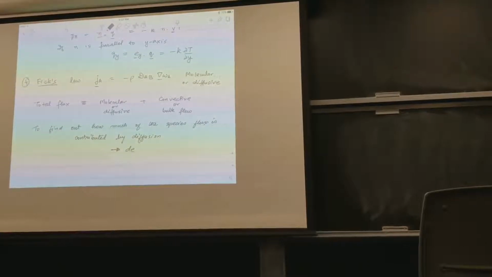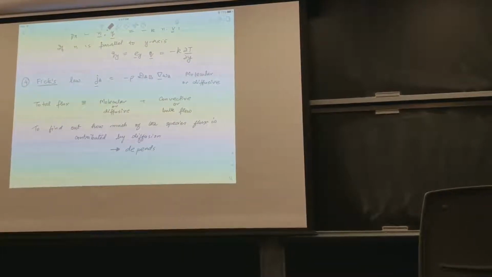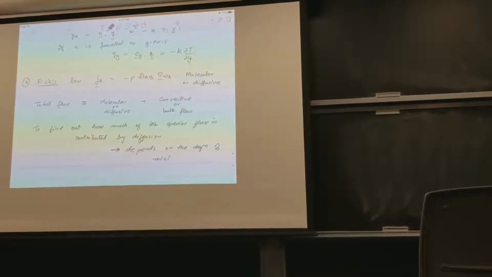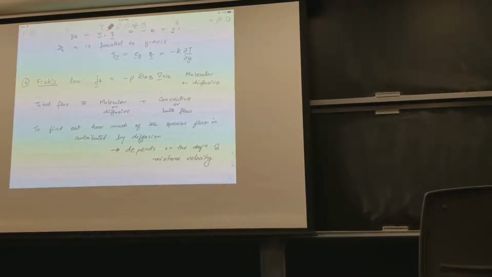And that means you can choose between, I think, 4 or 5 at least definitions. So it depends on the definition of mixture velocity. So we'll write these definitions in a few seconds.